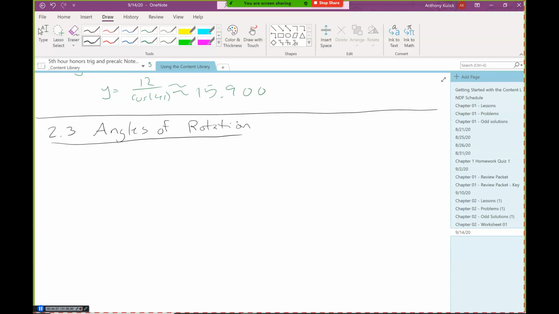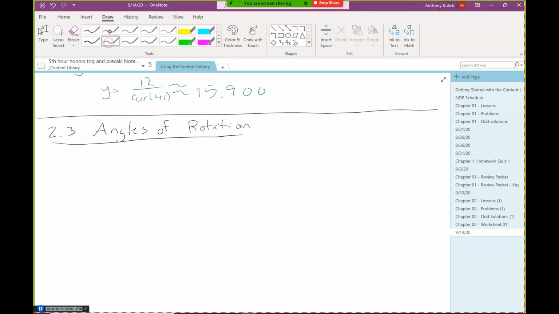So the next section here is about angles of rotation. And this is a really critically important idea moving forward. Really up until this point, we didn't have a way to define any angles that were bigger than 180 degrees, right?